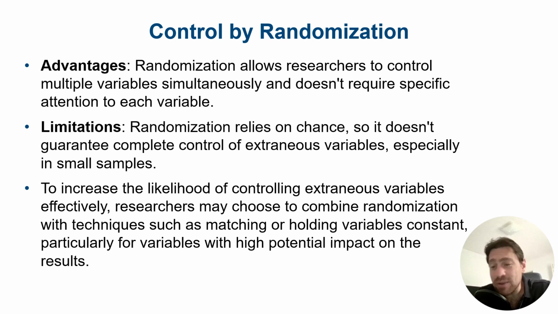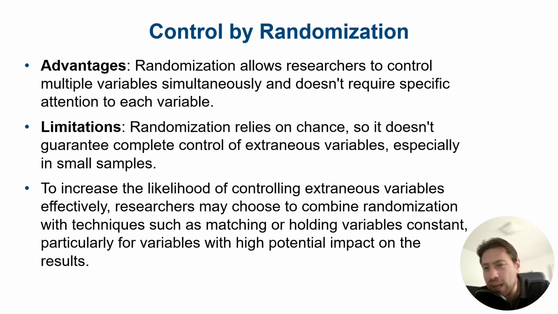And it's possible, if you rely on chance alone, that you will end up with groups that are not well balanced, especially if you have small samples. So if you have 1,000 people per condition, random assignment will probably work pretty well. But if you have 10 people per condition, then it may not work quite so well.